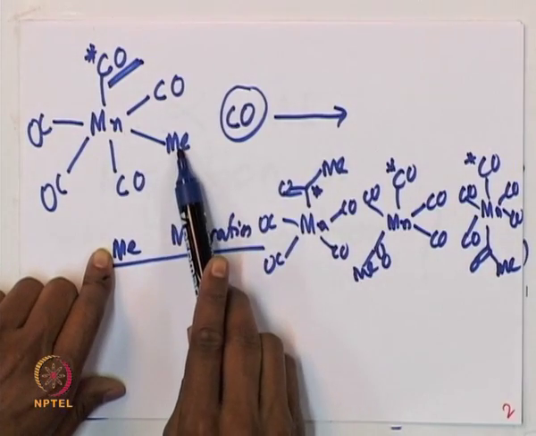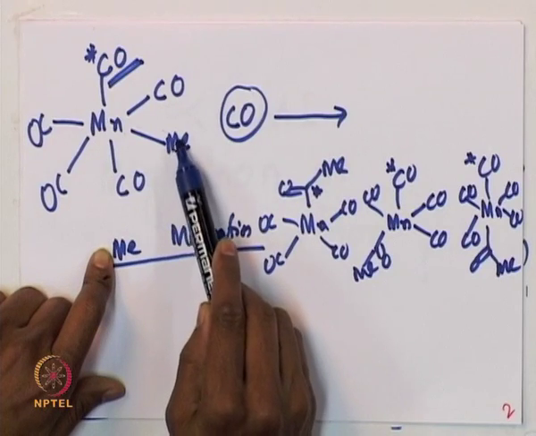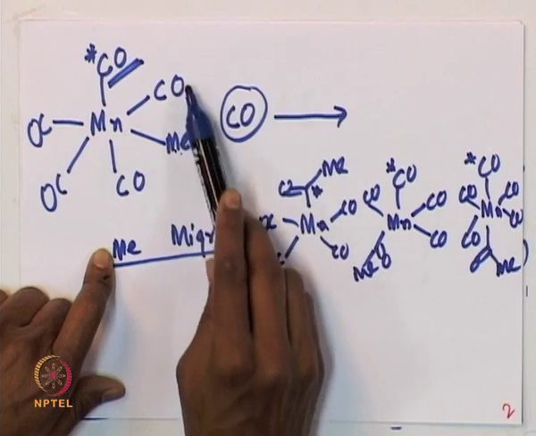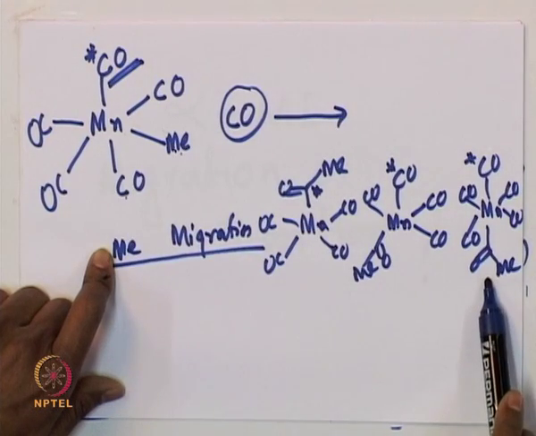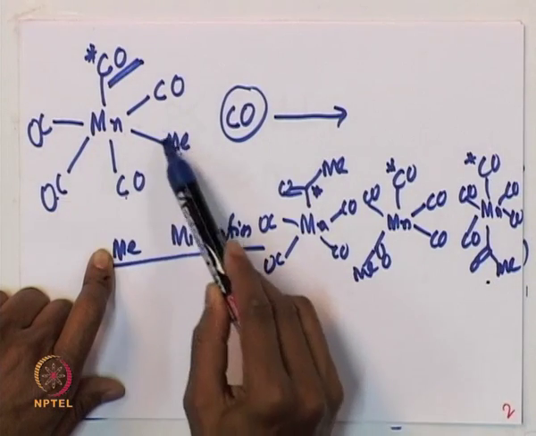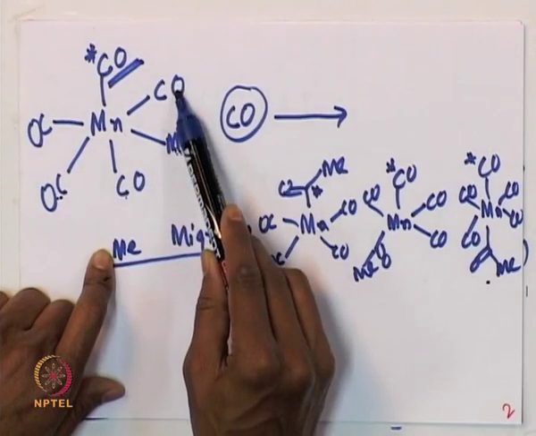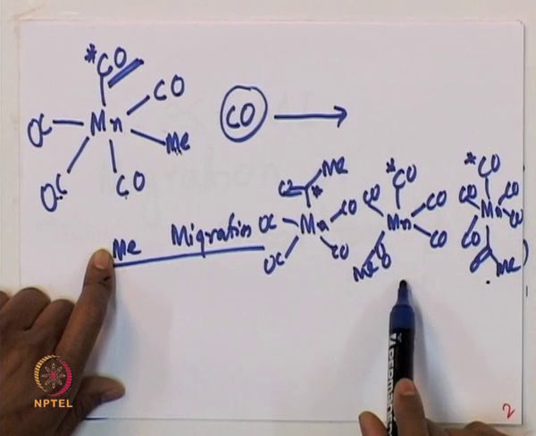Now, if methyl is migrating over CO, as you know, it should be cis to each other. So, one position is possible and this is another position, and another position is this one. So, this methyl is cis to this carbonyl, that will give you the second product.